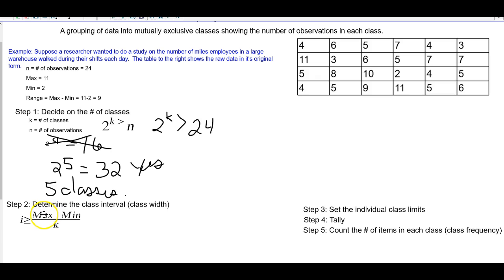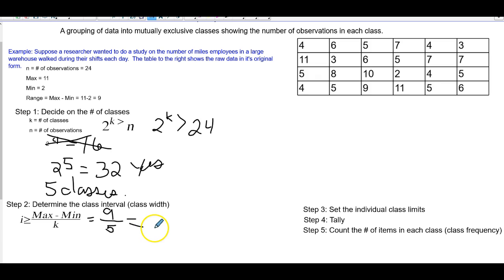So that's another way of saying range divided by the number of classes. We already have this information calculated above, which is convenient so that we can just go ahead and figure this out now. We already know that our range is 9 and we said our number of classes was 5.